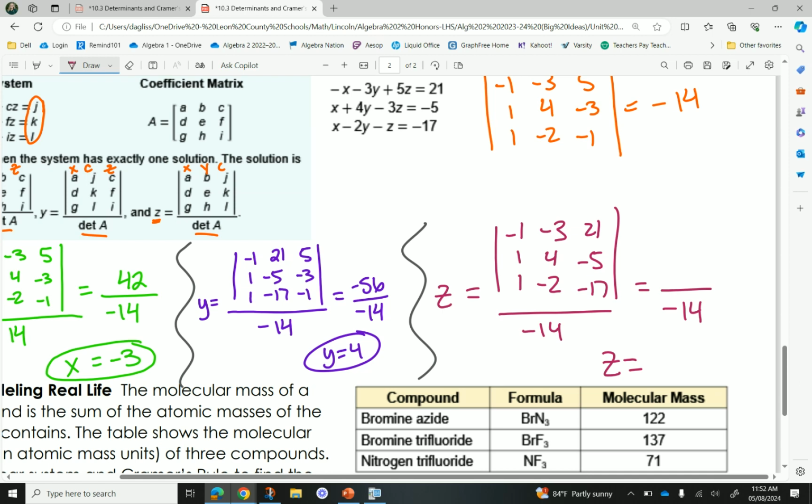So we're finding the determinant now of -1, -3, 21, 1, 4, -5, 1, -2, -17. Try that one. We should be getting a determinant of -84 for that one. So when you divide that by -14, we get a +6.